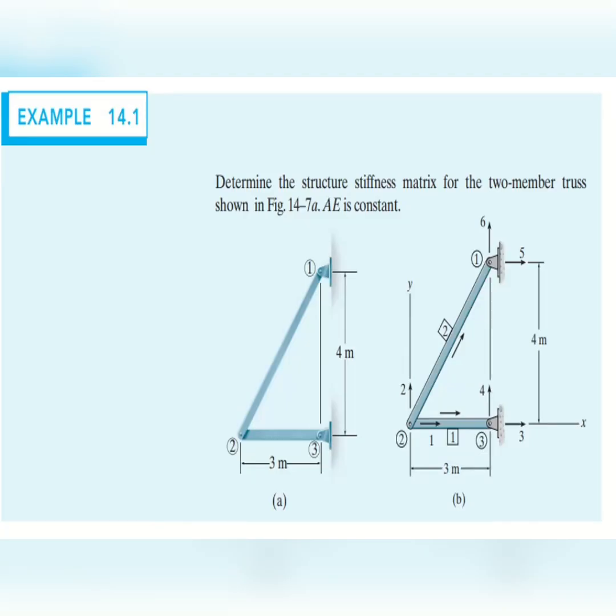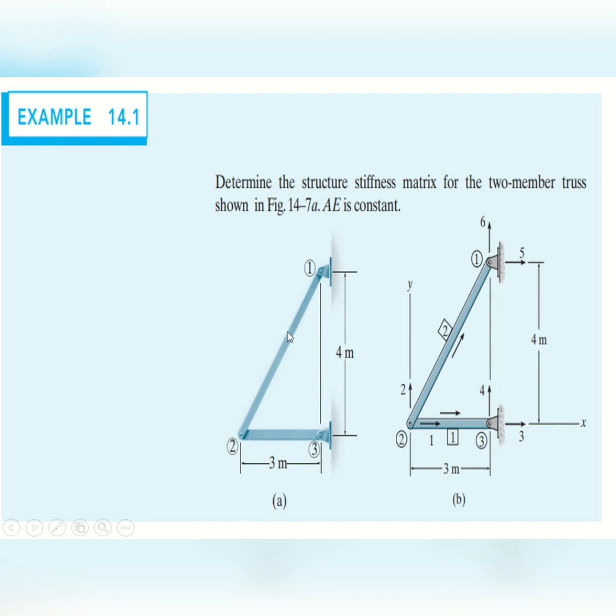This is an example which I took from R.C. Hibbeler's book, which is very famous. So we are solving a direct stiffness method example: determine the structure stiffness matrix for the two members of the truss. We are solving two members initially, then we will move step by step to more difficult structures. The lengths, horizontal and vertical, are given.